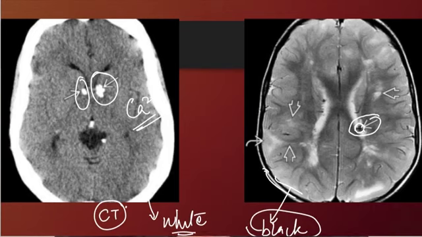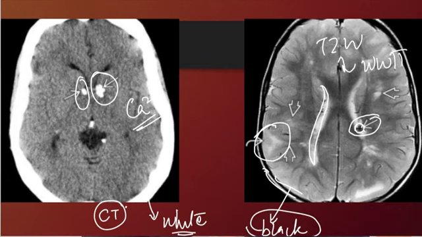Again, what you can see here, as pointed by this curved arrow, is a cortical based T2 hyperintense lesion. This is a T2 weighted image because water is white on T2, and the ventricles, or CSF here, is water, and water is white on T2, as we remember by the World War II rule, is hyper.